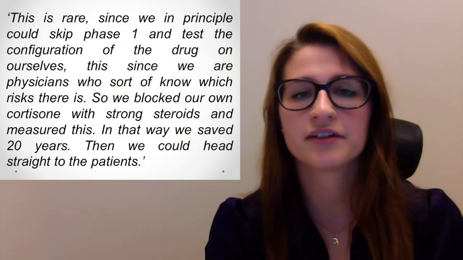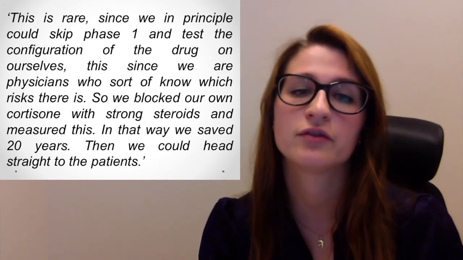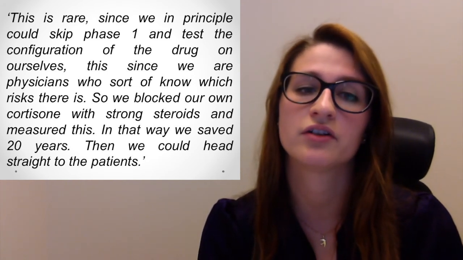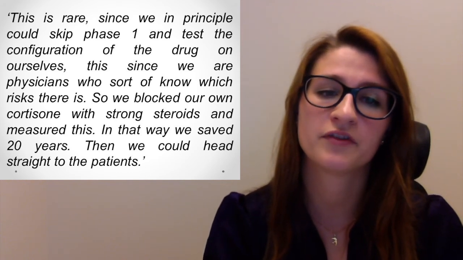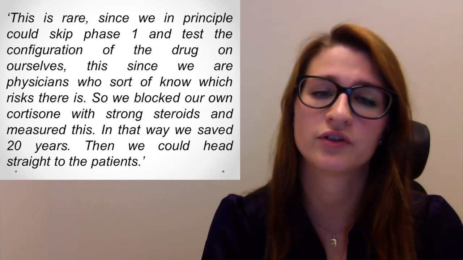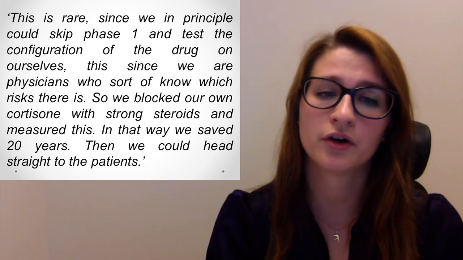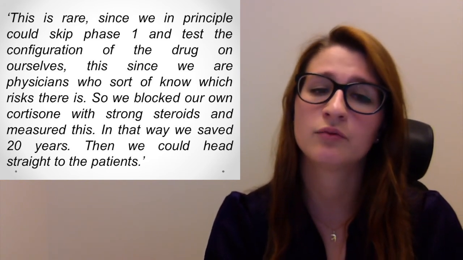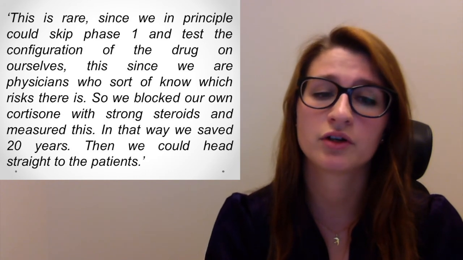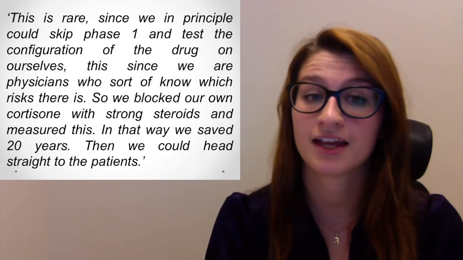And this is rare, since we in principle could skip the phase 1 test and test the configuration of the drug on ourselves. This since we are physicians who sort of know which risk there is. So we blocked our own cortisone with strong steroids and measured this. In that way we saved 20 years. Then we could head straight to the patients. And phase 1 is when you start testing on humans.